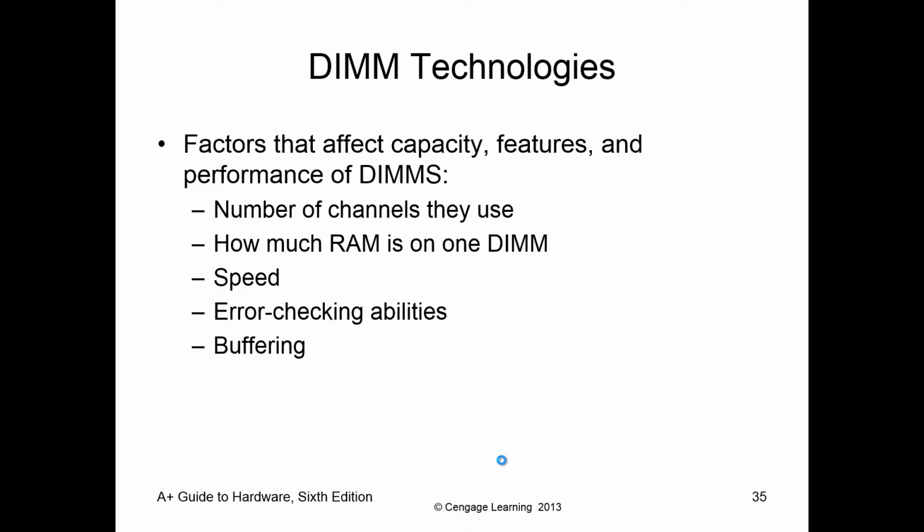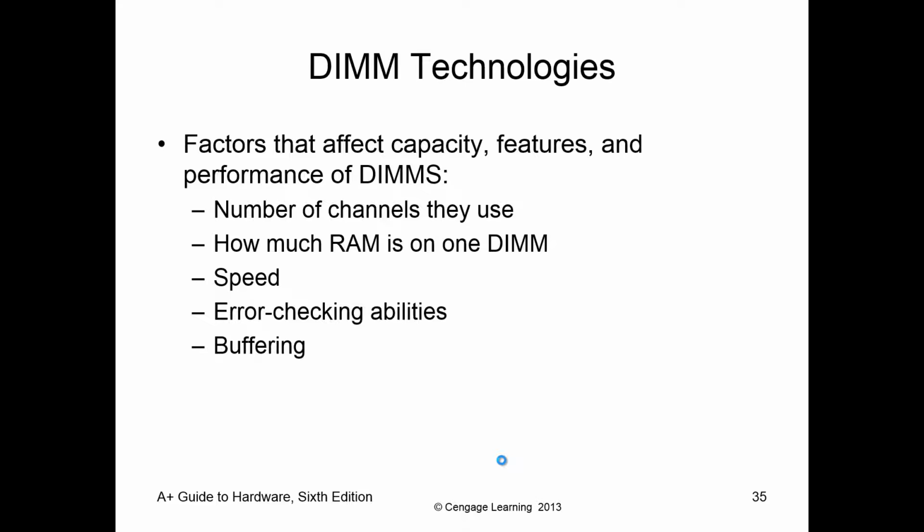So let's talk about other factors that may affect the capacity, features, and performance of our memory. And that is, again, the number of channels. That's how many sticks we have working together, how much memory is on one actual module, its speed, if there's error checking, or if there's buffering involved.